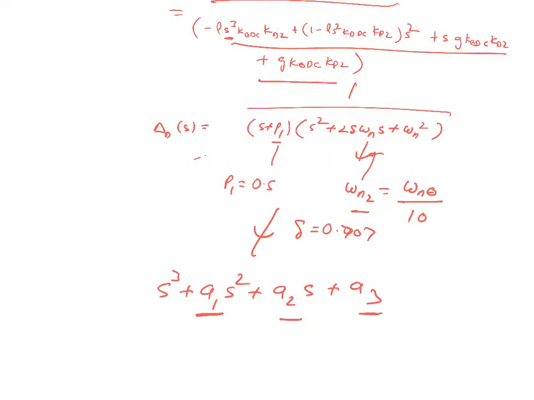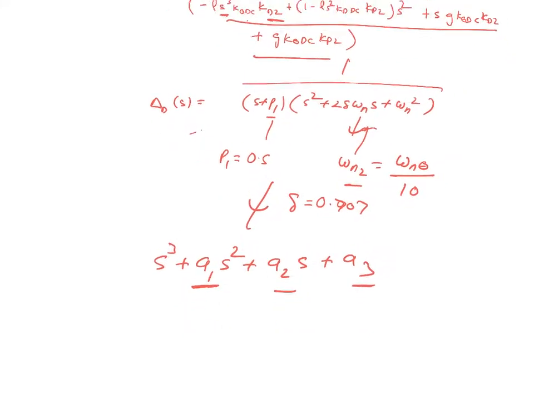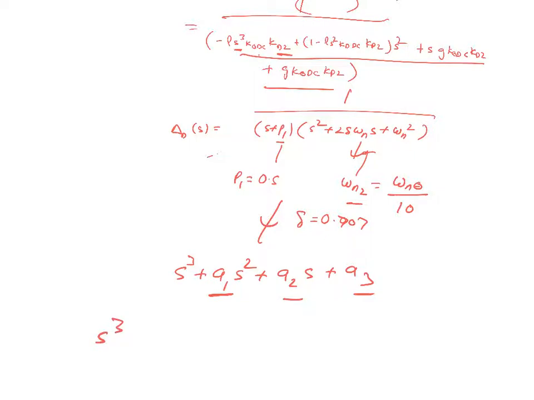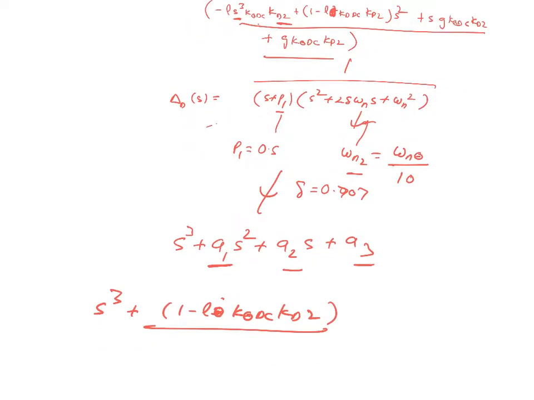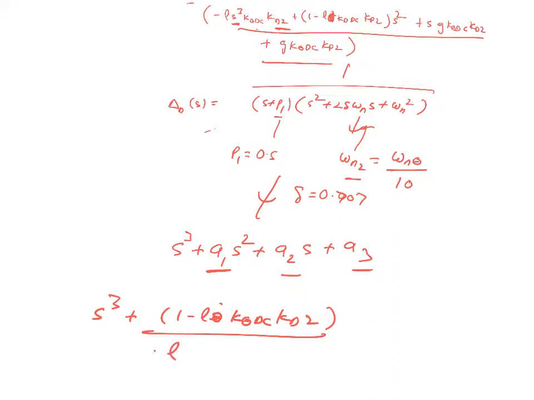But of course, first you have to divide the whole thing by the coefficient of S cube, which is minus L K theta dc K dz. If you divide the whole thing, we get S cube plus (1 minus L) S square, divided by minus L K theta dc K dz.